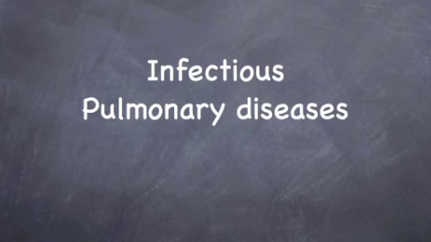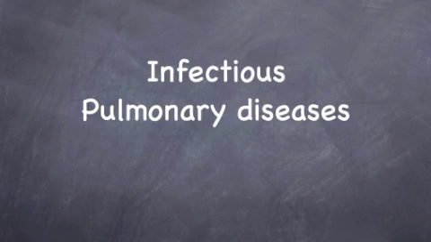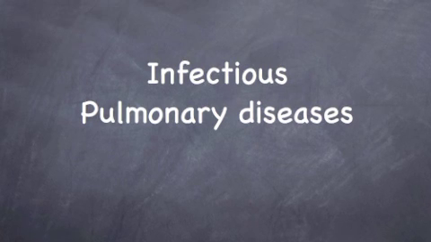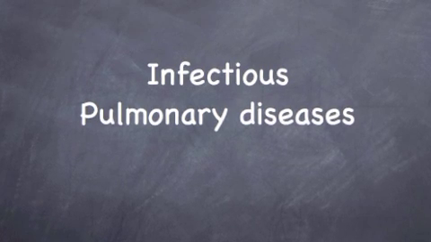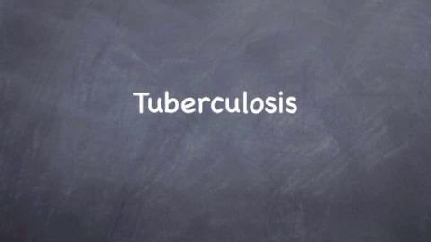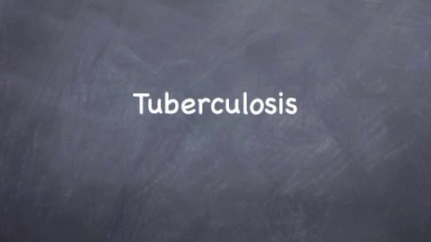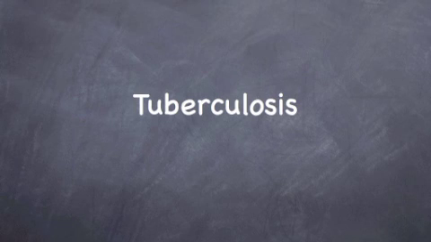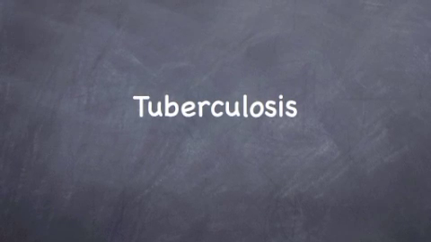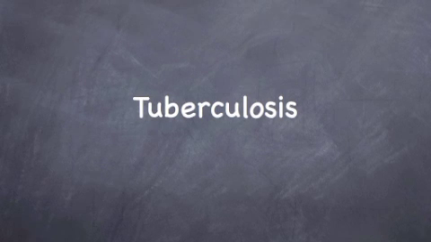The next topic that we'll talk about is infectious pulmonary diseases, and one of the most common recurring healthcare problems that we are facing today is tuberculosis. We know that it is on the rise, although in the 50s we had almost completely eradicated it. It's now back on the rise again, and the reason for that is because of the type of clients that we're now seeing.